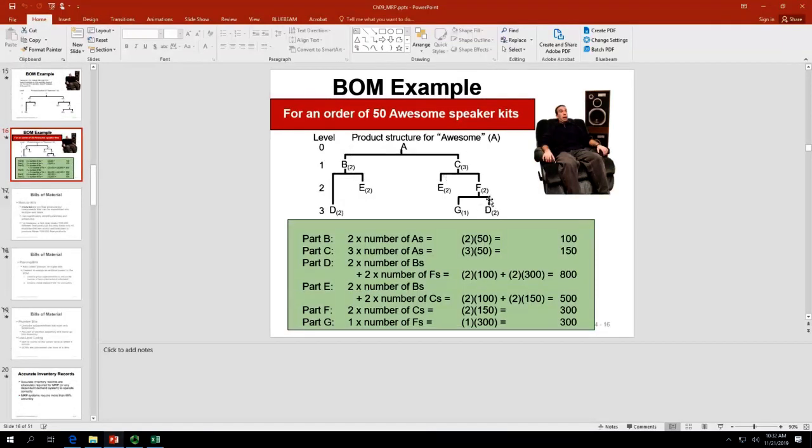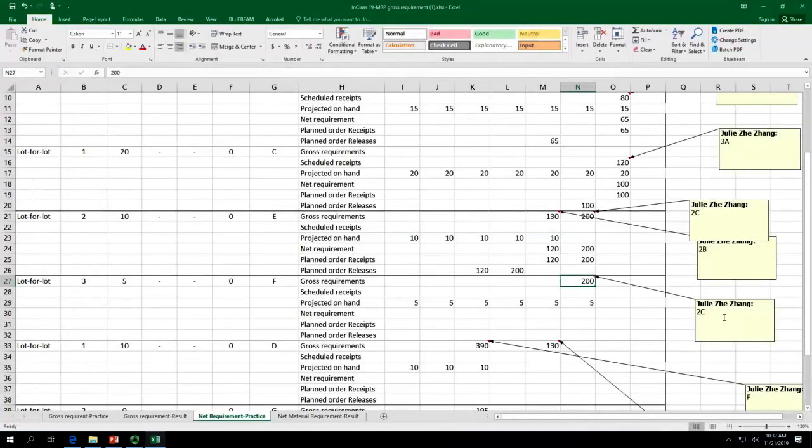So F, you need 2 C's. A, B, C. C, we need 200, 100. Now that's why C equals 100 times 2, so it is 200 over here.